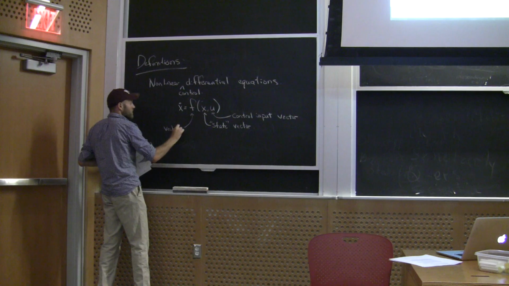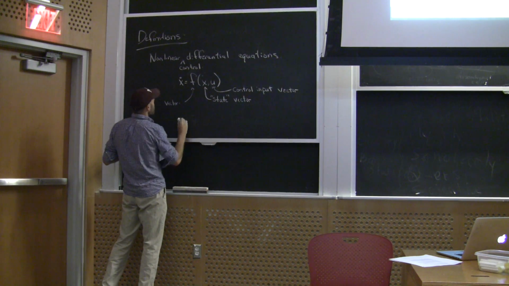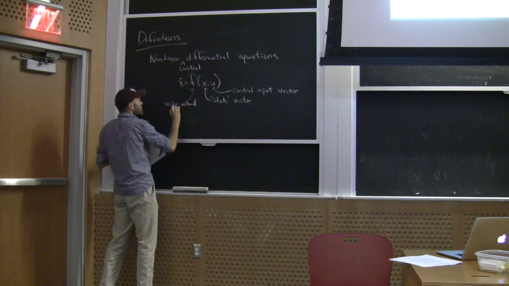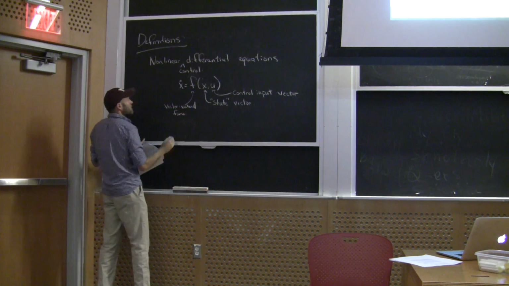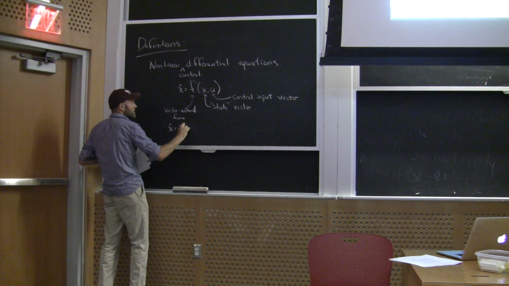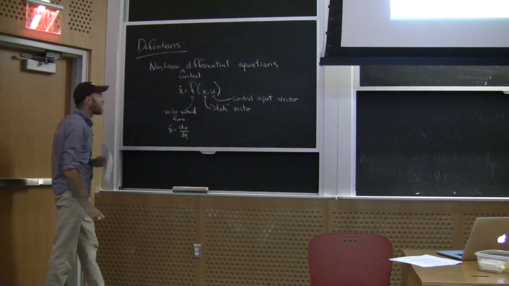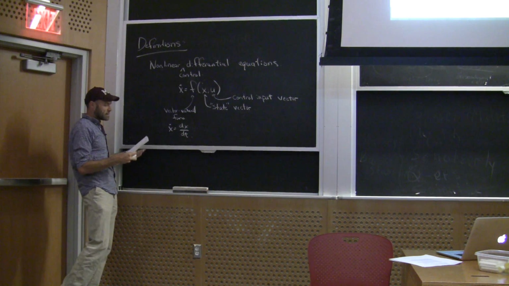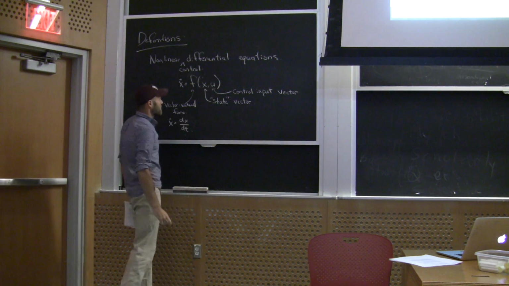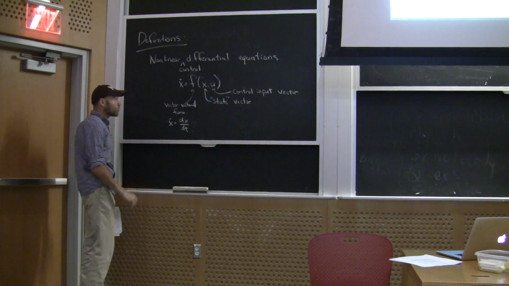Real. We're going to stick to the real numbers. And x dot is the time derivative of the state. We'll occasionally have time-varying dynamics and other things, but this is the canonical form of a nonlinear control differential equation.